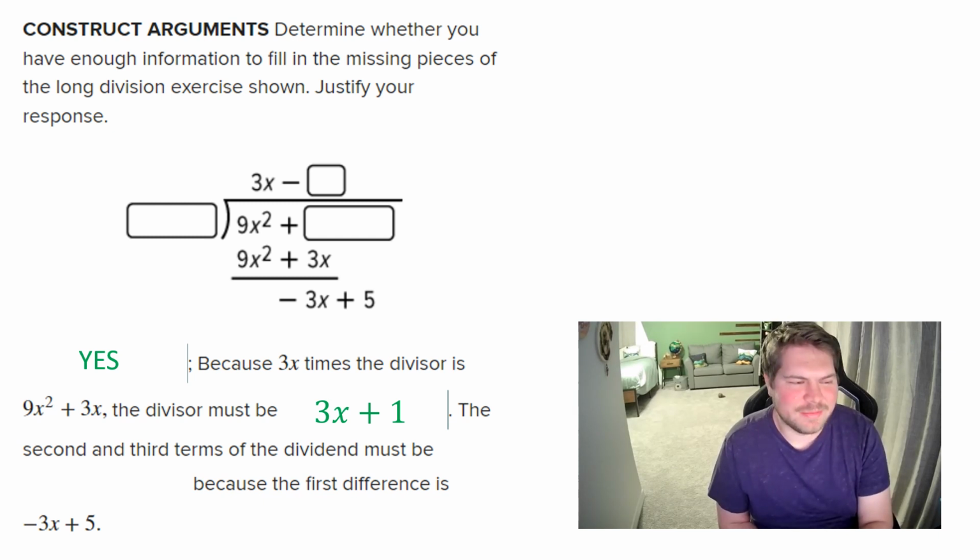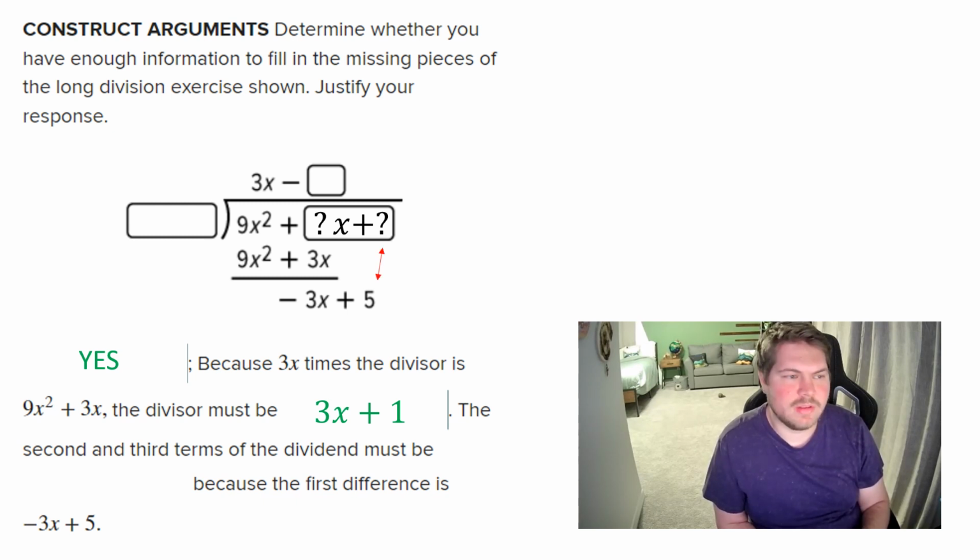Anyway, all right. So we want to find out what's in this missing box right here. And I know that we start with x squared. It's going to be something x plus something, a constant. And we can see right here that they brought a 5 down. So that must be something x plus 5, right?